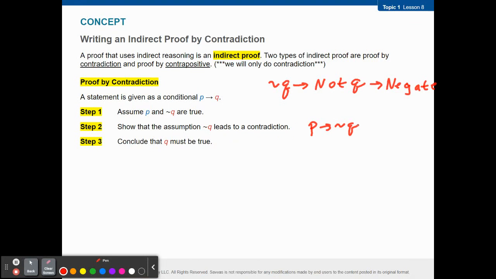So write this down. I'm going to give you a couple minutes. Anybody still writing? Show of hands.